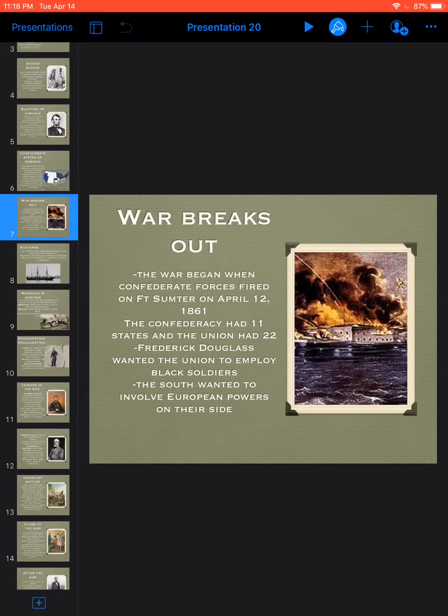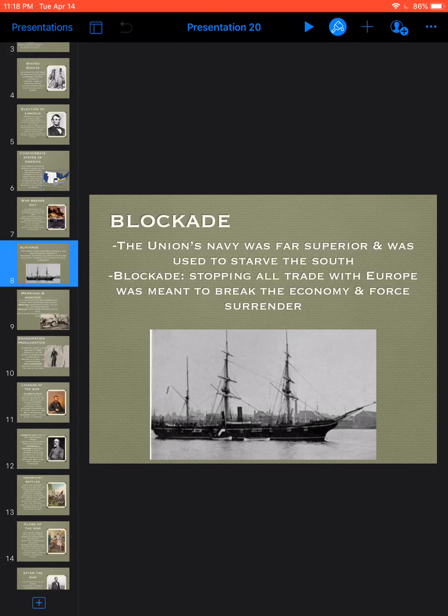So the 2 strategies for the Civil War: the South has this idea that they're going to use their better leadership and they feel better troops, and they're going to invade and beat up the Union Army, and the Union Army will just give up. The Union comes up with this idea of starving out the South, and that's what we're going to talk about to begin today. The blockade.